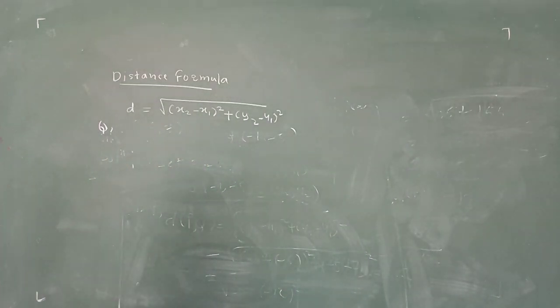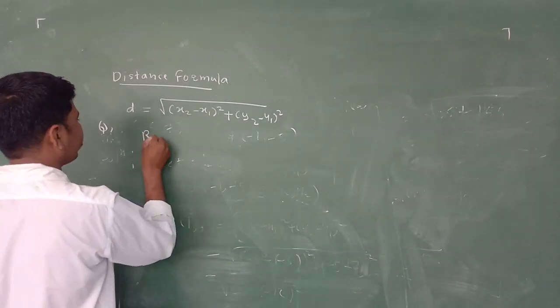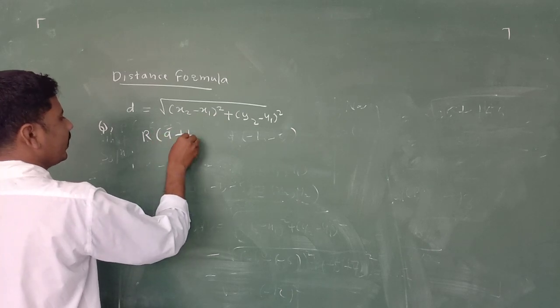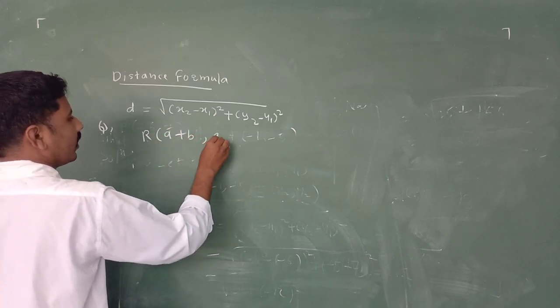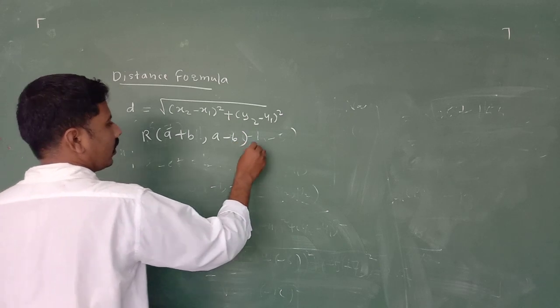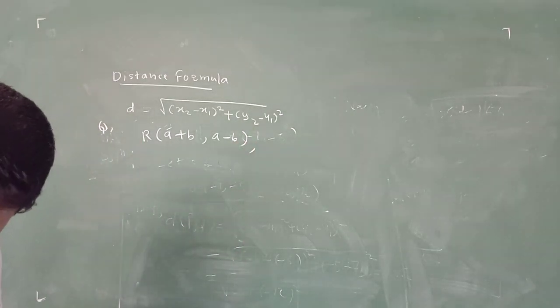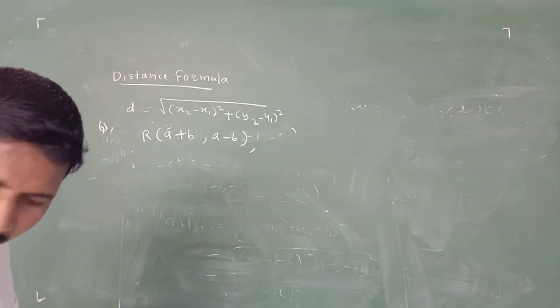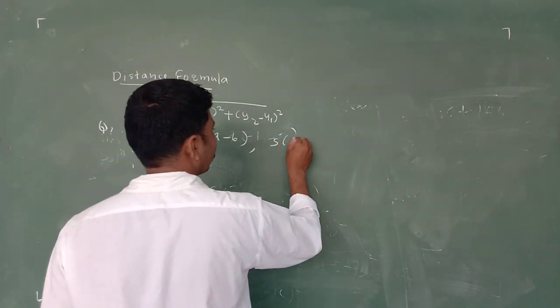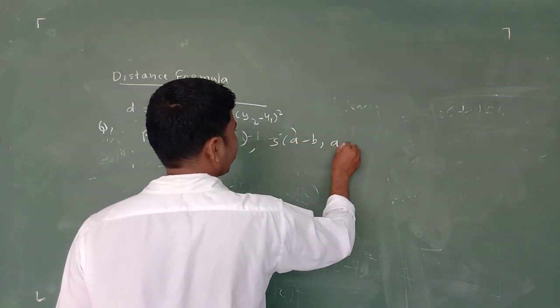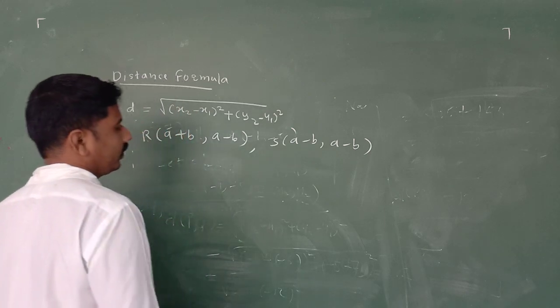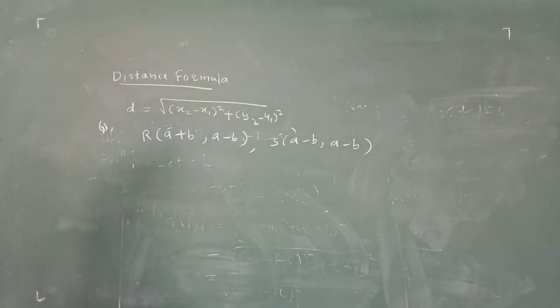Find the distance between the points R equal to (a plus b, a minus b) and S equal to (a minus b, a minus b). Okay, is the question correct? So the question is correct.